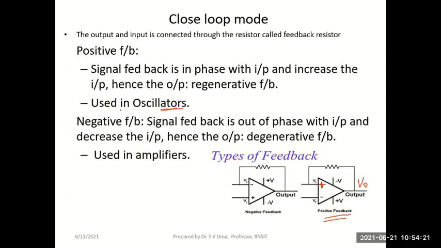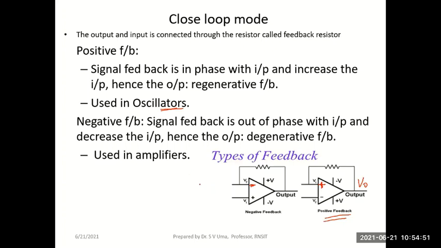And what is negative feedback? Negative feedback is that condition wherein the output voltage is brought back and connected to the inverting terminal of the op-amp. You see, when the output voltage is connected across this op-amp, like from output to input through a resistor, but given to the inverting terminal, what happens?